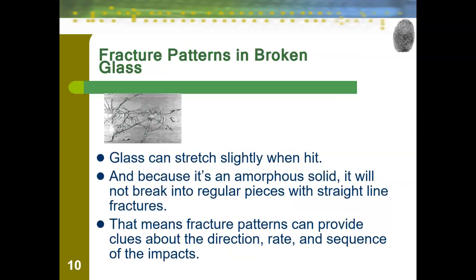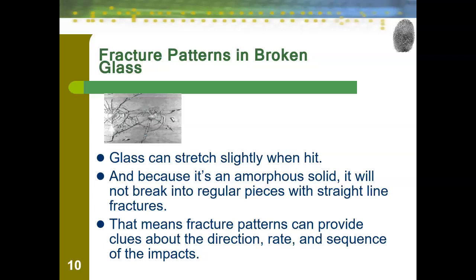Now, another big thing that's important as far as the forensic analysis of glass is how glass breaks. Many times we have multiple pieces of broken glass or a window that's been broken but is still together at our crime scene. So glass actually stretches slightly when hit. If you watch a slow motion video of glass being broken, you see that the glass stretches before it breaks.